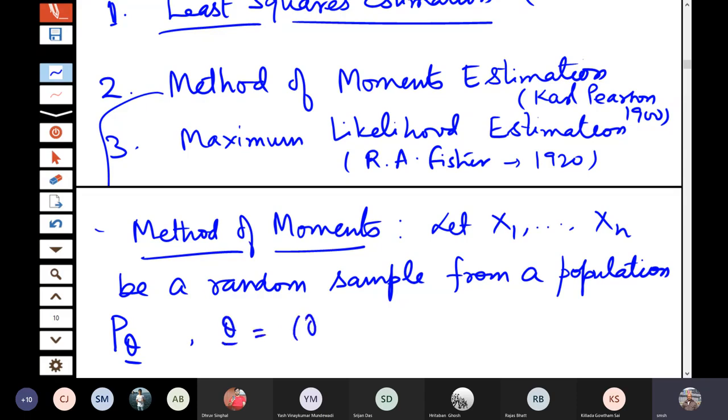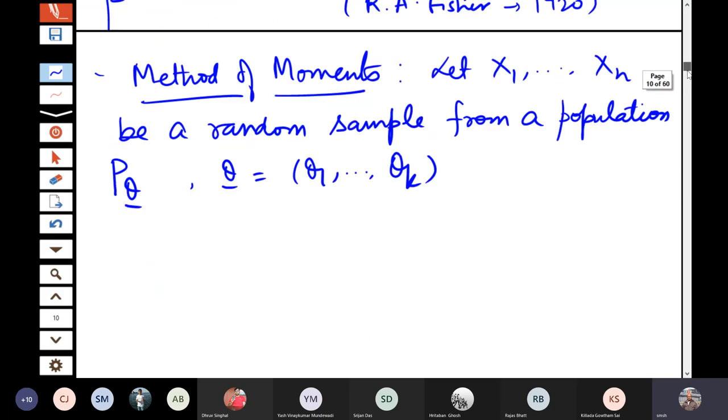So theta is, say, theta 1, theta 2, theta k. Different populations have different number of parameters. So for example, a binomial distribution has 2 parameters, n and p. A Poisson distribution has 1 parameter. A Weibull distribution has 2 parameters, and so on. You can have 2, 3, 4, depending upon the kind of distribution that you are having. So we want to estimate theta 1, theta 2, theta k.